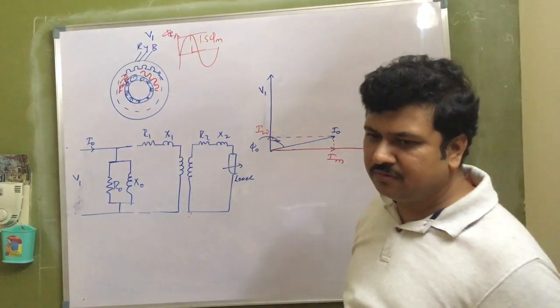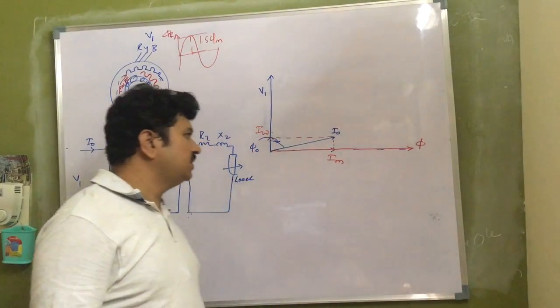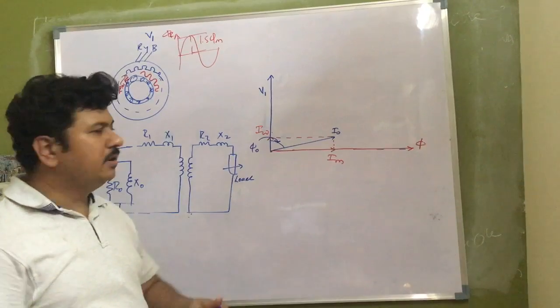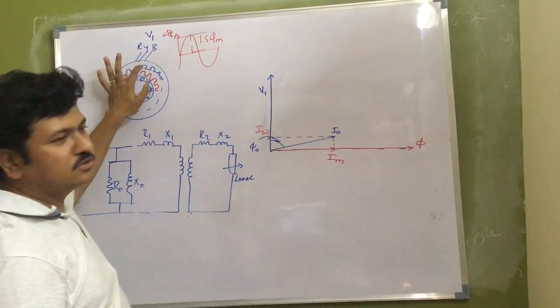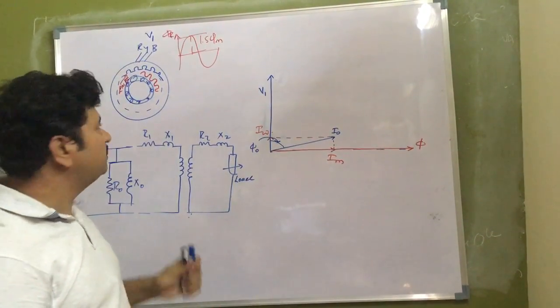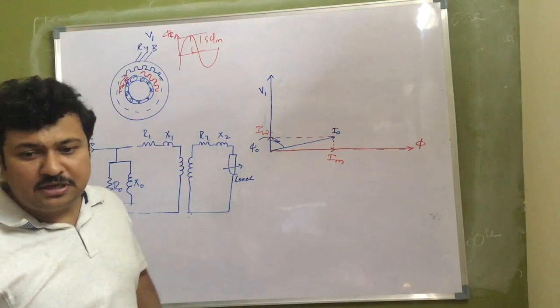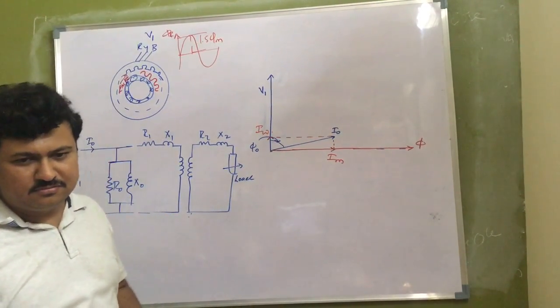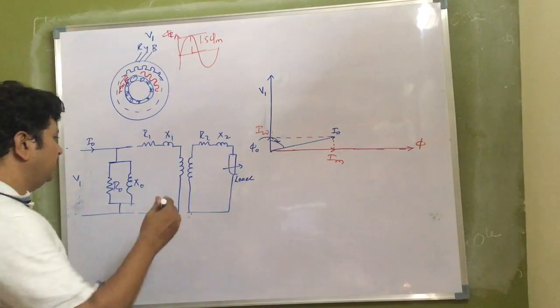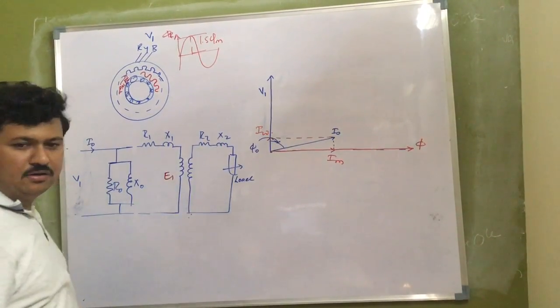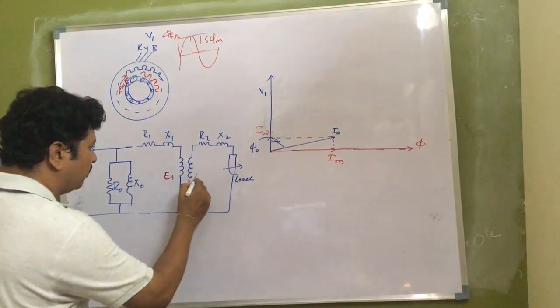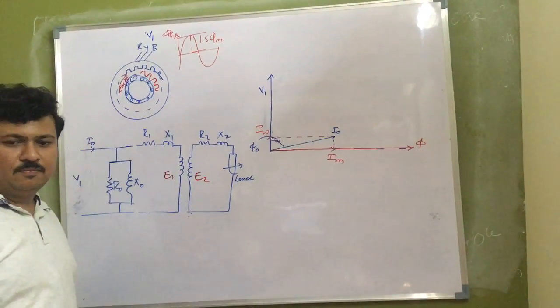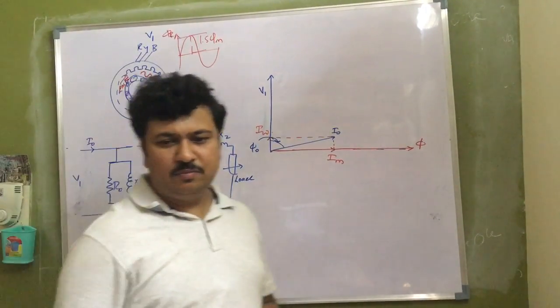That is RMF. So that flux phi is common between stator and rotor because it is linking to the stator as well as the rotor. So this flux phi is inducing an EMF in the stator, E1, and an EMF in the rotor, E2. Where should these be placed?